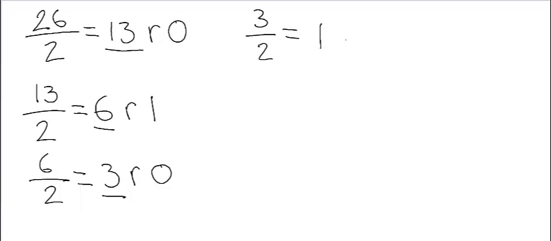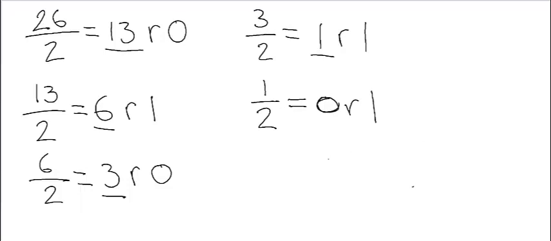But our number is not 2, it's 3. So we have a remainder. Our remainder is 1. Now let's take that number and divide it by 2. Now 1 is not an even number, so subtract 1. 0 divided by 2 is 0. But our number is not 0, so we have a remainder and it's 1.